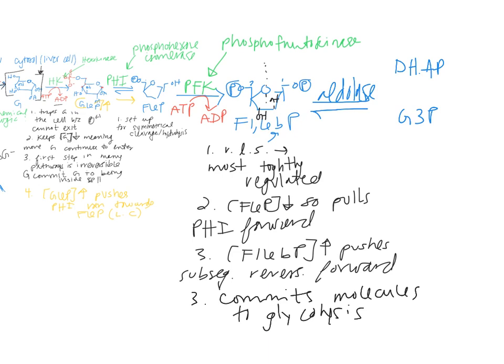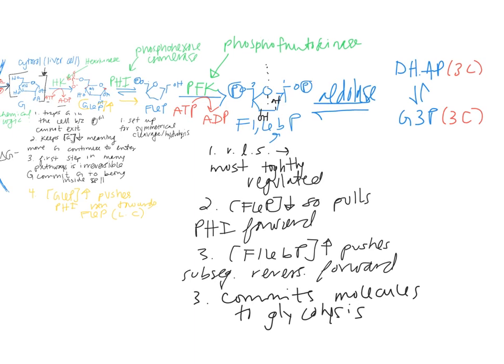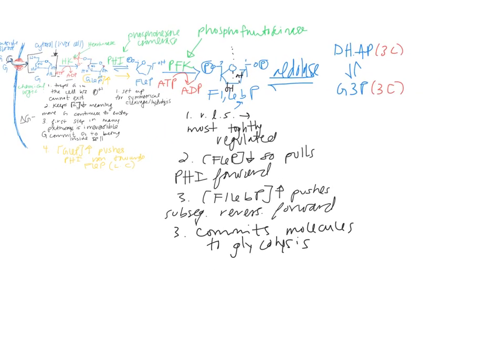You don't need to memorize these particular ones, but basically we get 2 of them, and they each have 3 carbons. Okay, and then there's also an isomerization between the 2 of them, but it's the G3P that is carried forward.